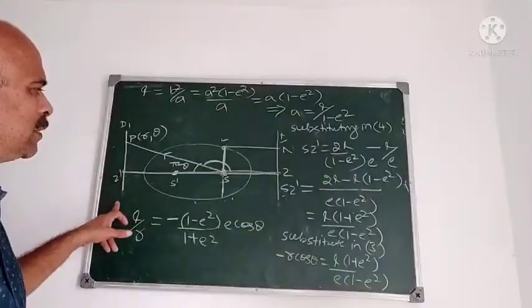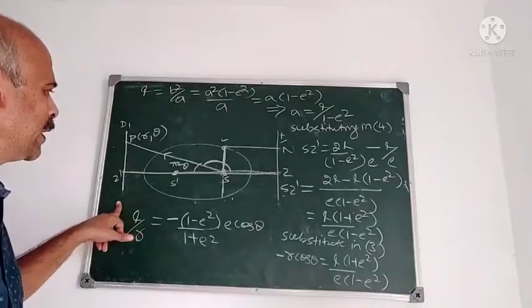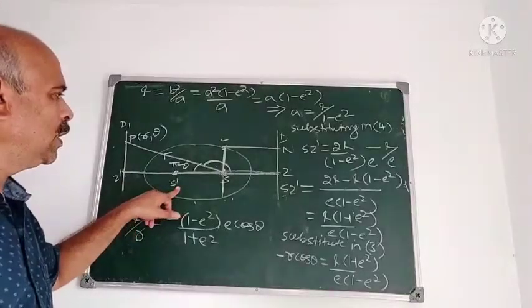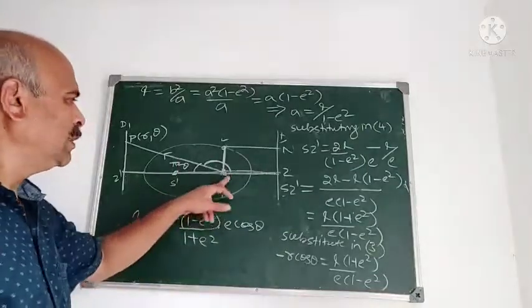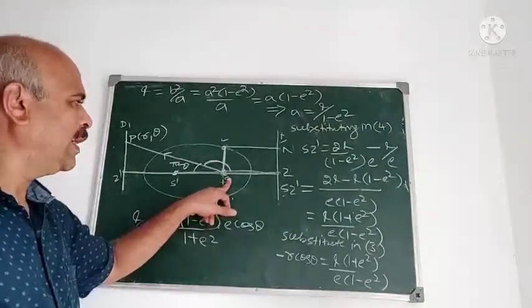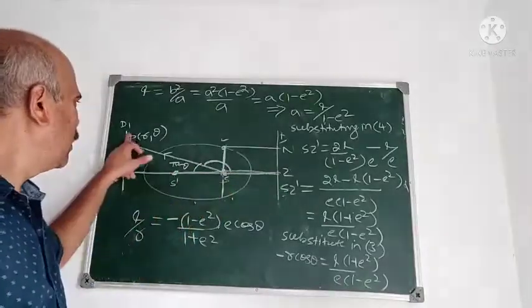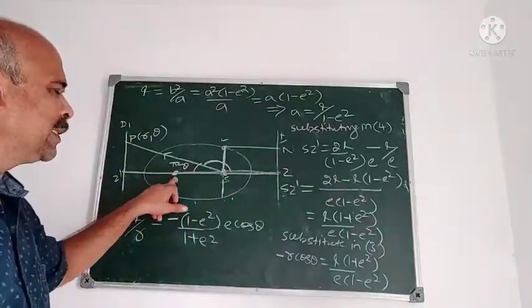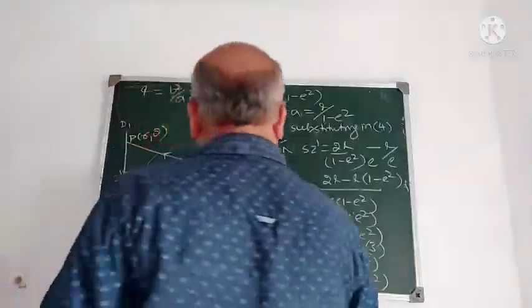This directrix is the directrix with respect to the focus other than the pole. There are two foci. This focus is referred to as the pole, and the directrix corresponding to this pole is one. But D1 dash is the directrix corresponding to the other focus, and its equation is obtained like this.